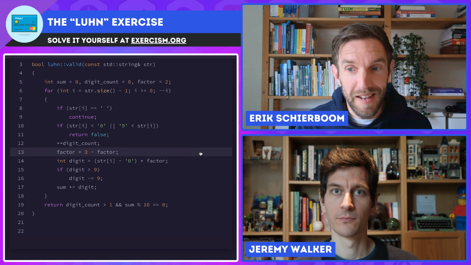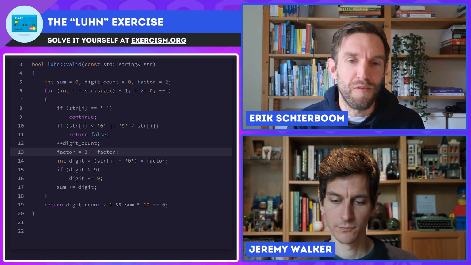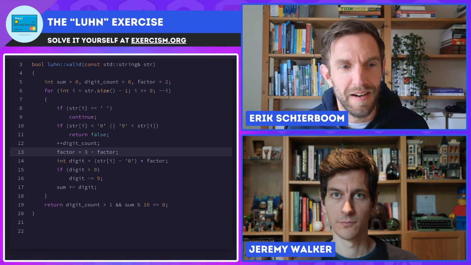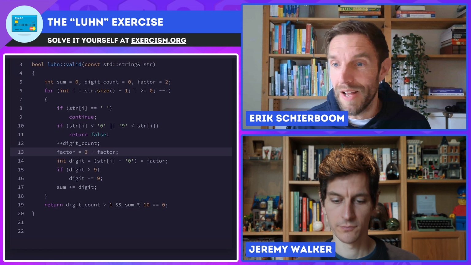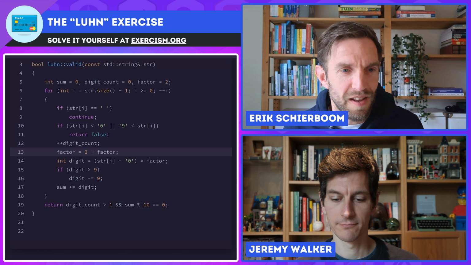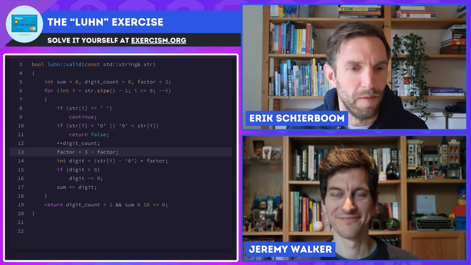So the very first time that we get to line 13, we're doing 3 minus 2, which is obviously 1. The next time we get there, we do 3 minus 1, which is 2. So you can see this is just flipping between 1 and 2. This is a nice little trick to do this without having any conditional code. It's less obvious than the other version, but it does work well.